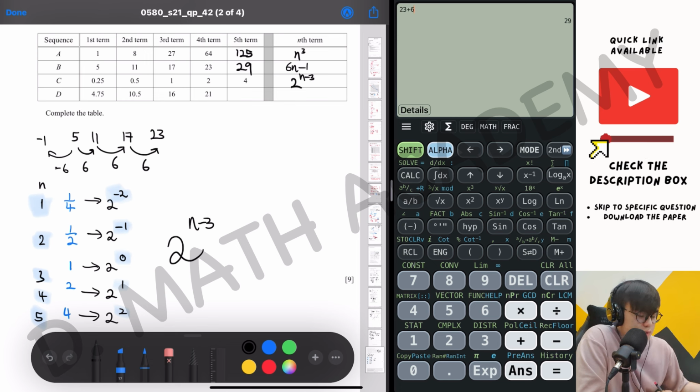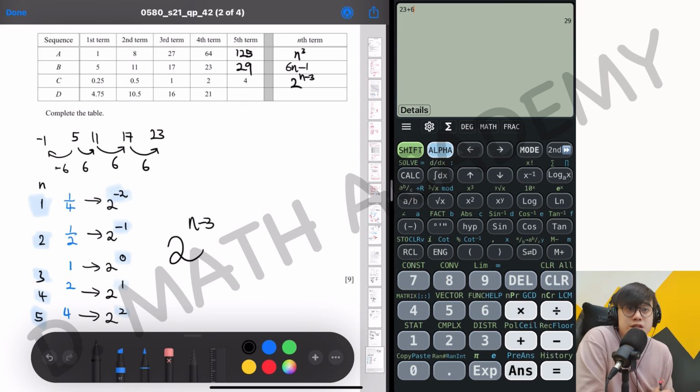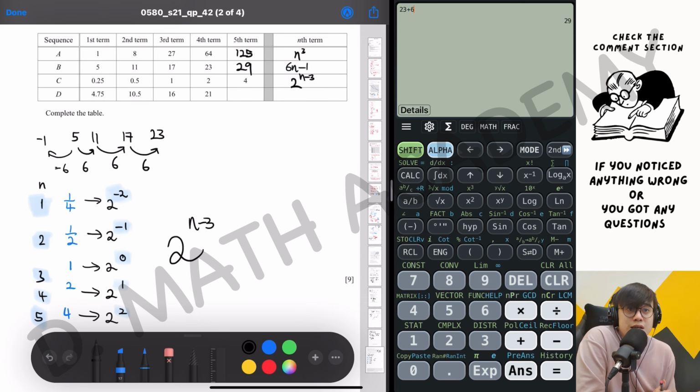And then lastly, we have d here. Okay, so it's slightly special because it's actually by taking the results of b minus c. So 5 minus 0.25, you get 4.75. So from this, if you take 29 minus 4, you will get your answer as 25.